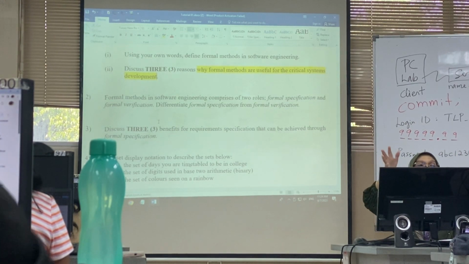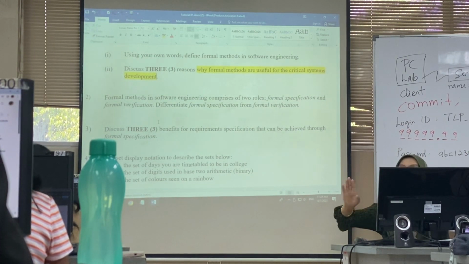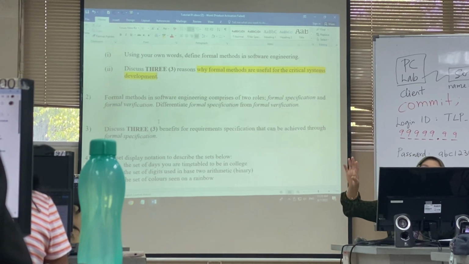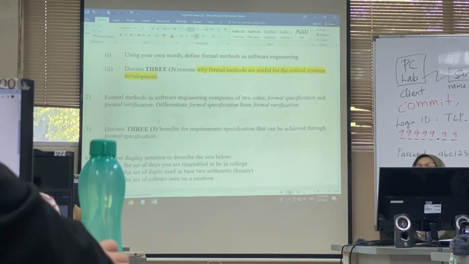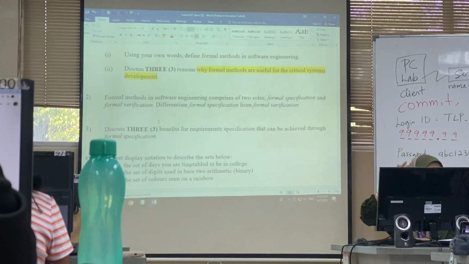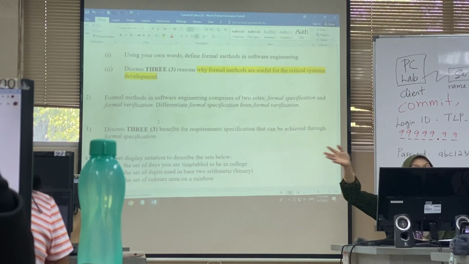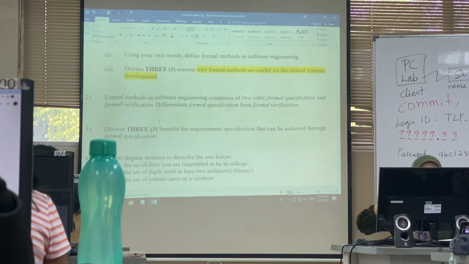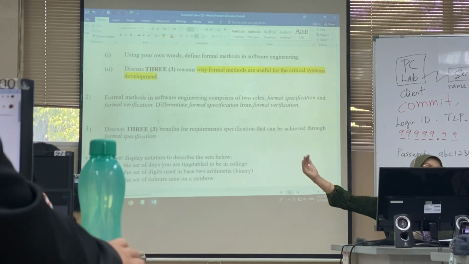So we find the error earlier, solve it, then when you develop and deploy the system, the problem won't occur anymore. And because the problem does not occur anymore, expenses will be reduced. Of course, you cannot see it in terms of monthly expenses, but you look at the whole system expense.